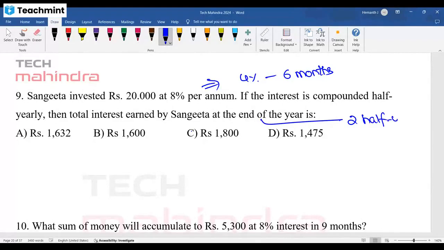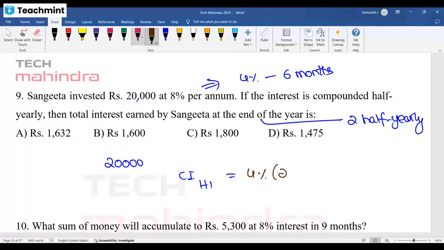So for 20,000, compound interest for first half yearly, 4% is the rate of interest. 4% for 20,000. 1% is 200. 4% means 4 divided by 100. 800 will come.